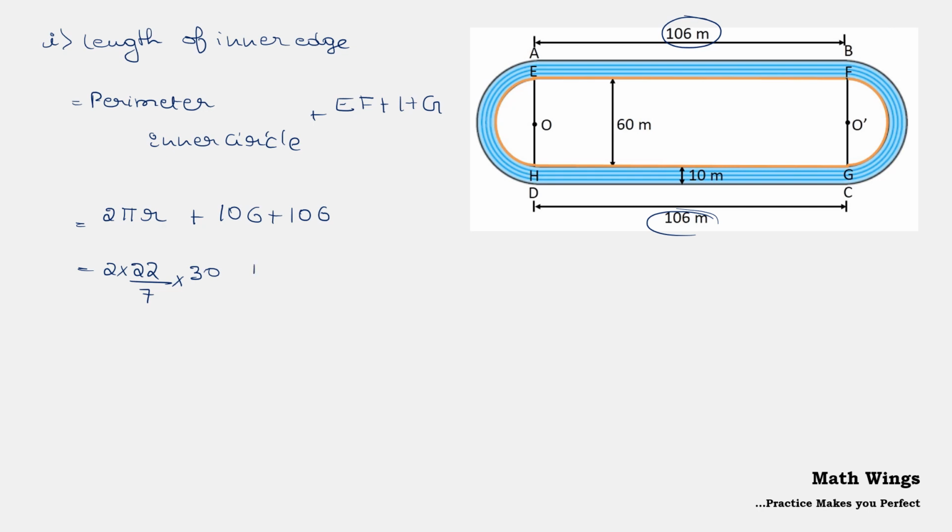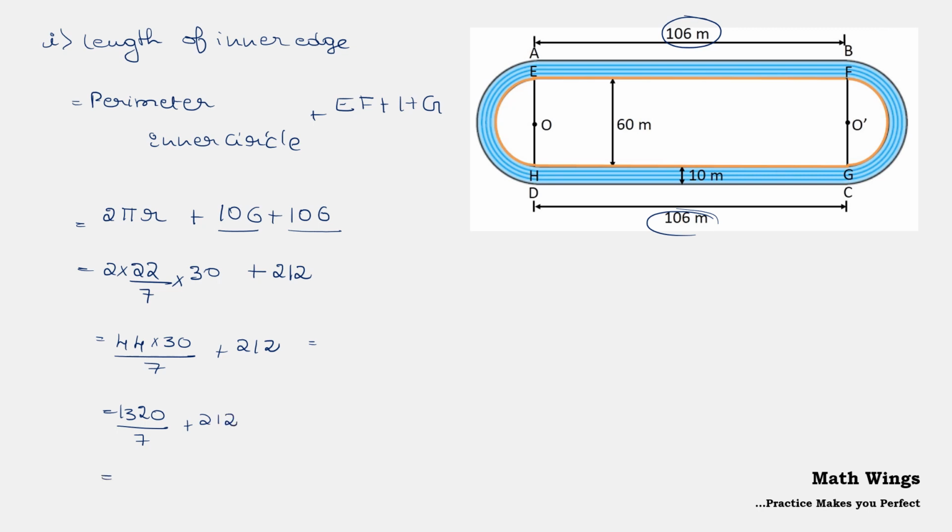So 30 plus 212, that is 106 plus 106, which is equal to, when we multiply, 44 into 30 by 7 plus 212, which is equal to 1320 by 7 plus 212.